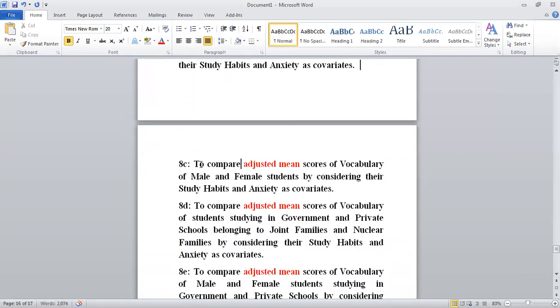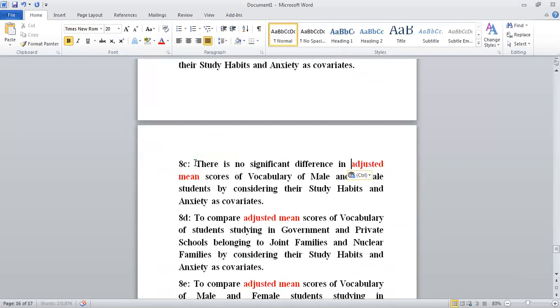Then next is, there is no significant difference in adjusted mean scores of vocabulary of male and female students by considering their study habits and anxiety as covariates. I had 3 discontinuous variables, and therefore these are the 3 main effects. Okay, so you have the hypothesis for the main effects.